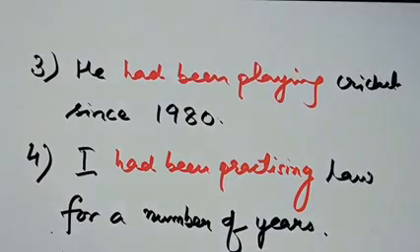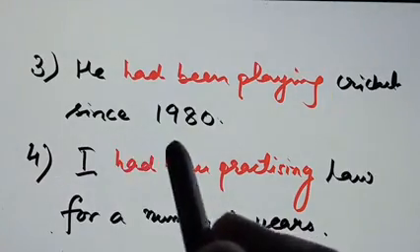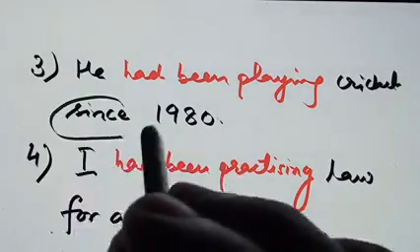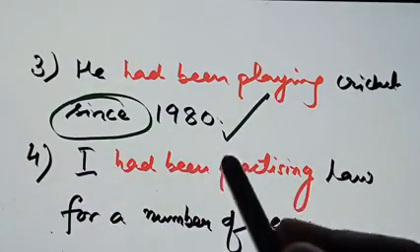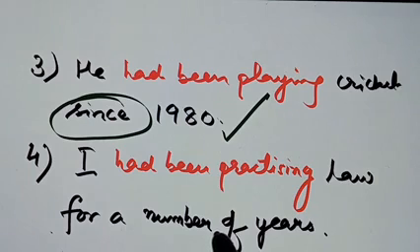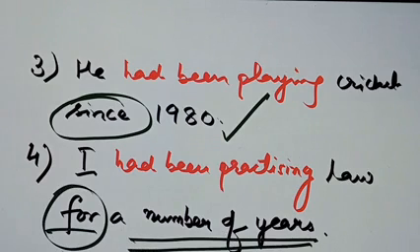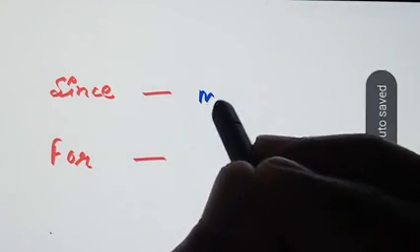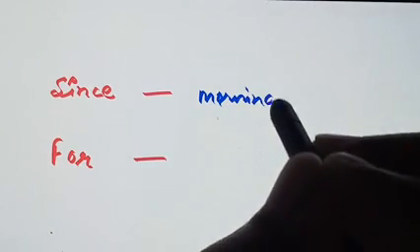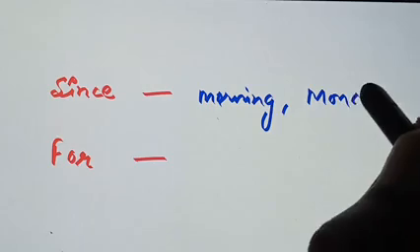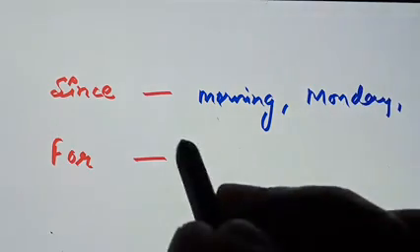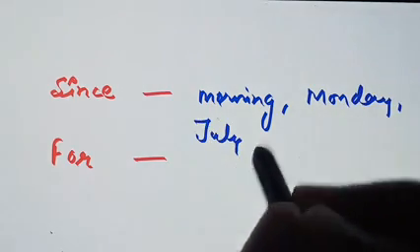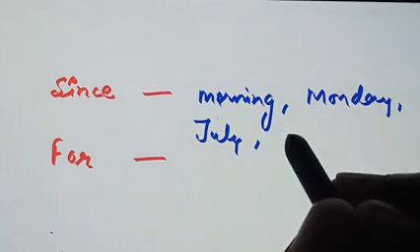Further we have to see that when we have a particular starting point like 1980, then we will use since, otherwise we will use for when we don't have a particular starting point. Like starting points: since morning, since Monday, name of month also, since July, year also, since 2010.